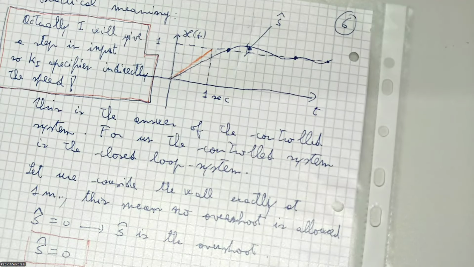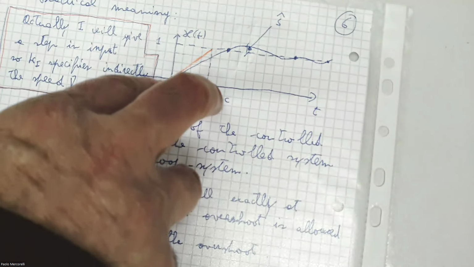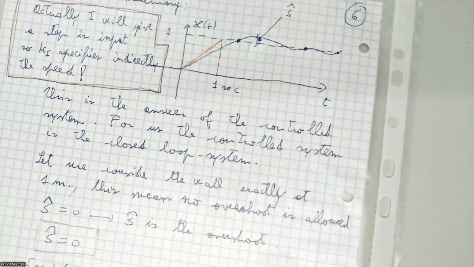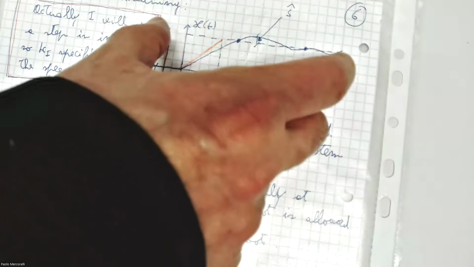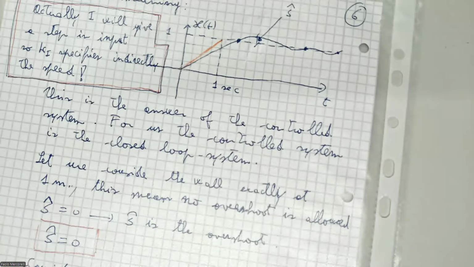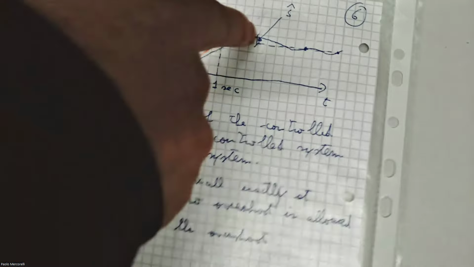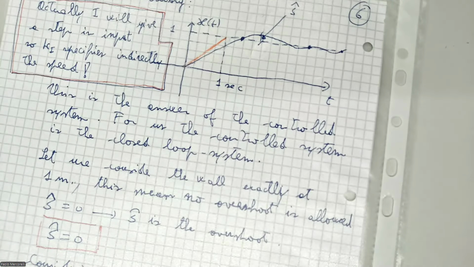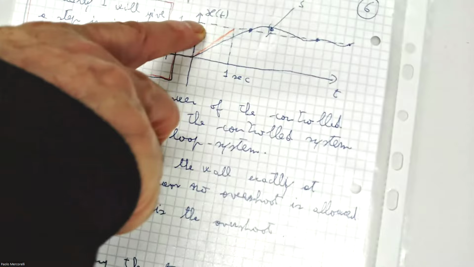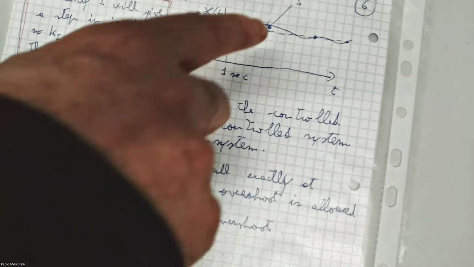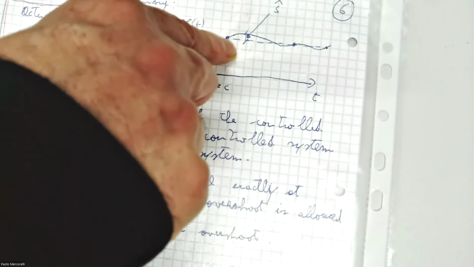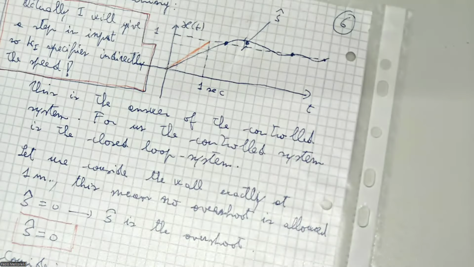We obtain the goal not exactly in 1 second, but again, everything is somehow approximated. It is important that we don't exceed 1 second by much, but more important that we don't crash into the wall, which is not at 1 meter, but at 1 meter 10 centimeters. This means this overshoot must be not more than 10 centimeters.